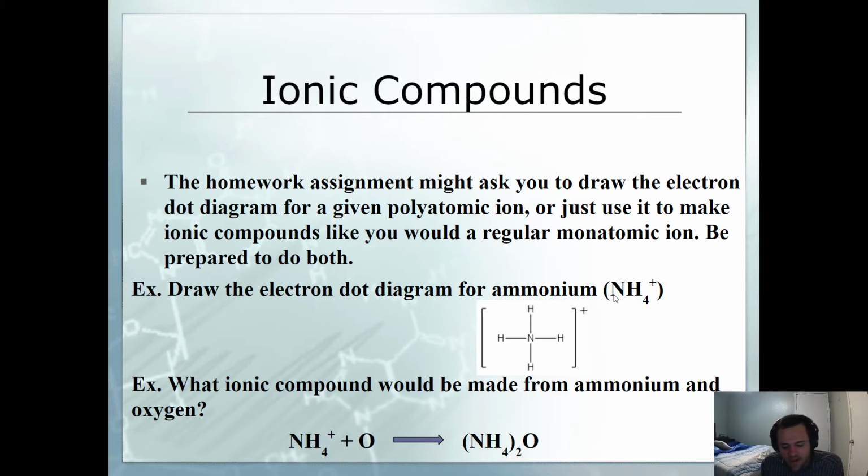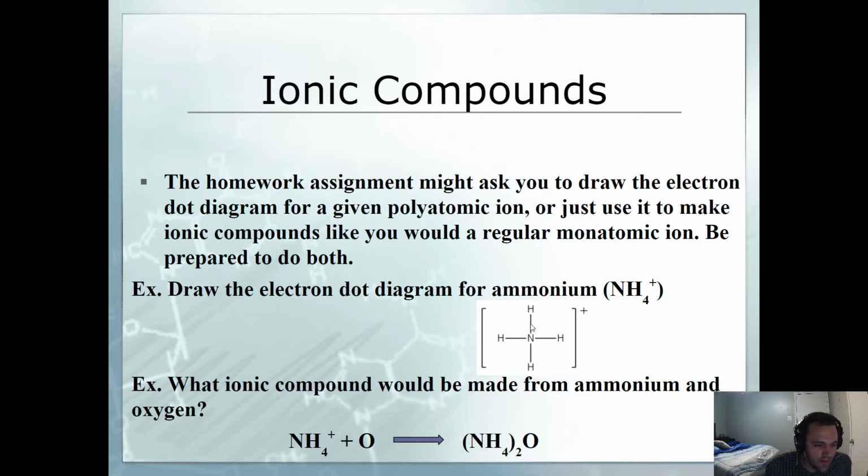So if you go find how many electrons a nitrogen atom should have, it would be 5 from the nitrogen, and then each of these hydrogens would have 1 overall. So 5 plus 1 from each hydrogen, and there's 4 hydrogens, so that's 4.